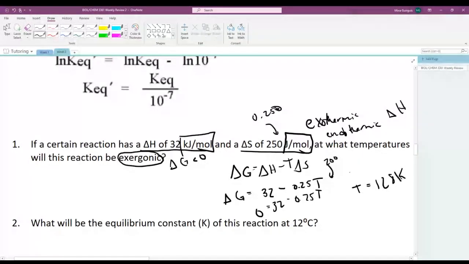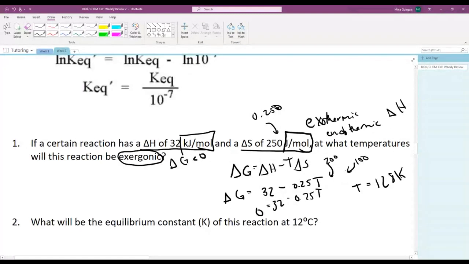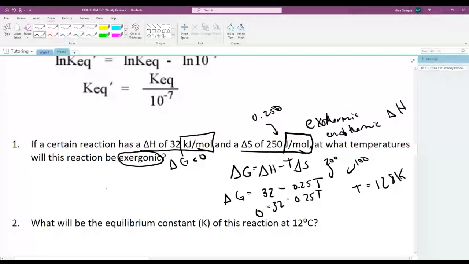If it doesn't, let's try 100. I personally choose these two because they're really easy, because 0.25 times 100 is just 25, times 200 is just 50. So in this case, we find that when T is greater than 128 Kelvin, delta G is exergonic.